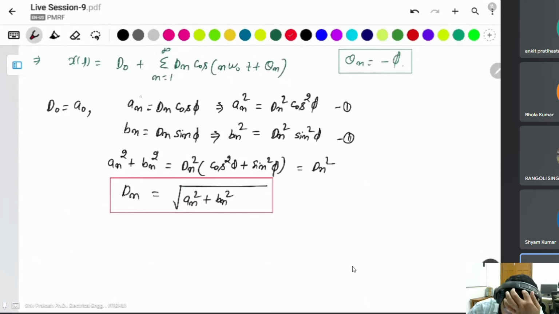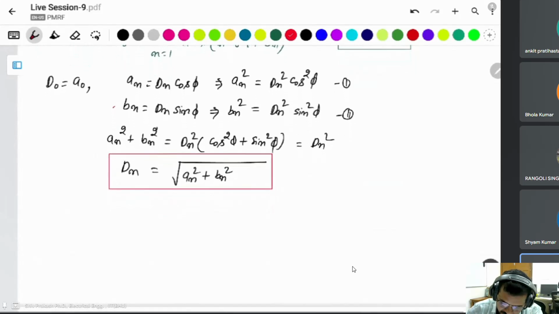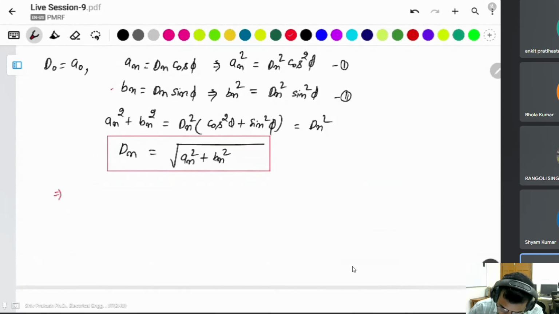Same thing, if we divide bn by an, what will you get?